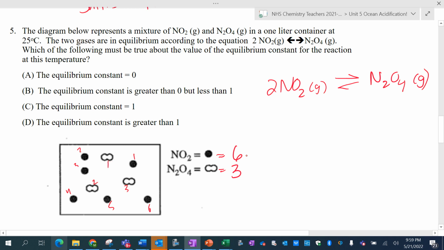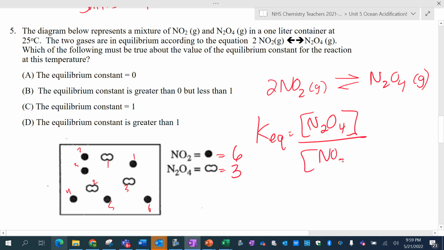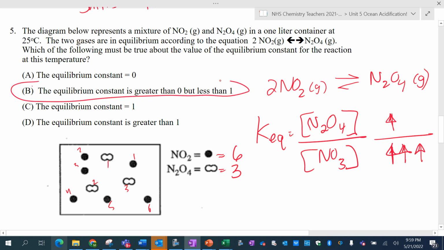And so NO2 is favored, and the equilibrium constant is measured by taking the concentration of the products at equilibrium over the concentration of the reactants. And since the bottom number is larger than the top number, you're dividing by this bigger number. And so the equilibrium constant is going to be bigger than 0, but less than 1.